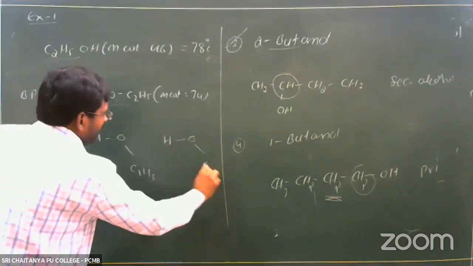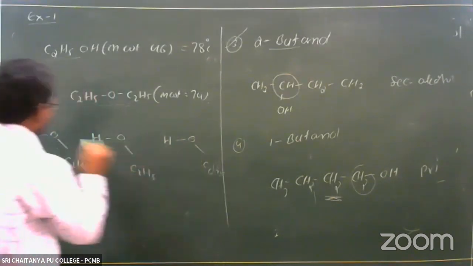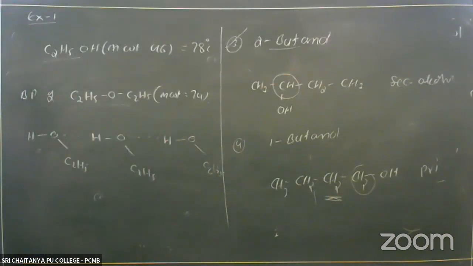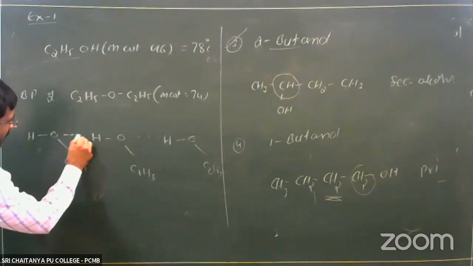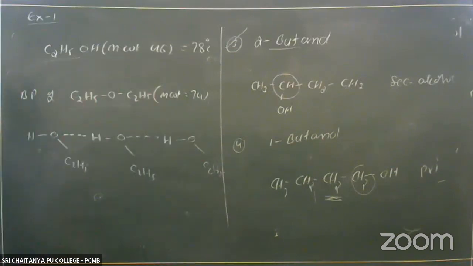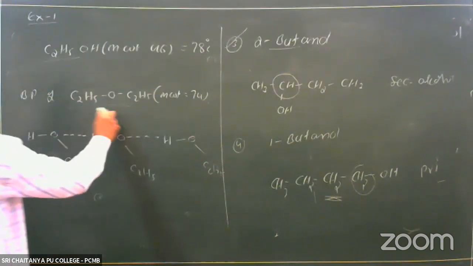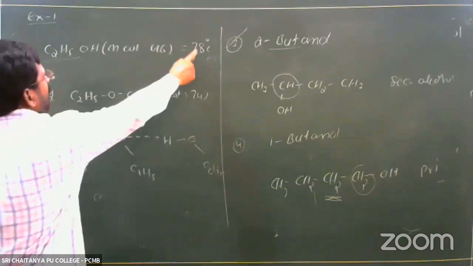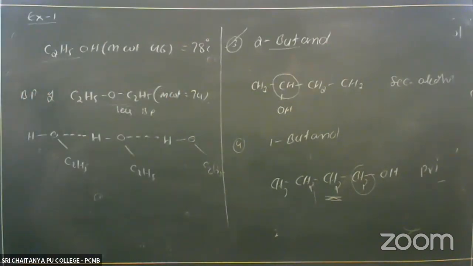Hence, alcohols have higher boiling points than hydrocarbons, ethers, aldehydes, and ketones. That is the reason ether has a lower boiling point than alcohol. So the alcohol boiling point is 78, which means an answer less than 78 is correct.